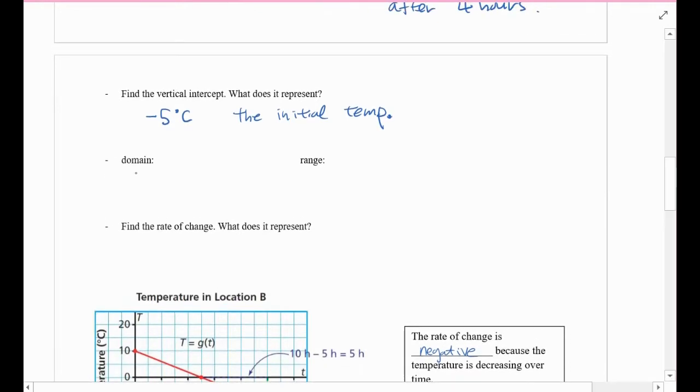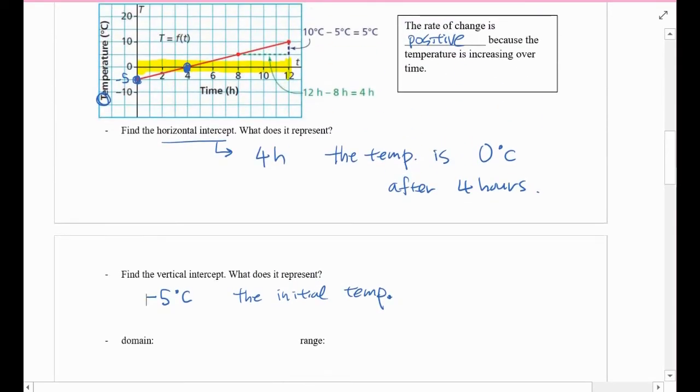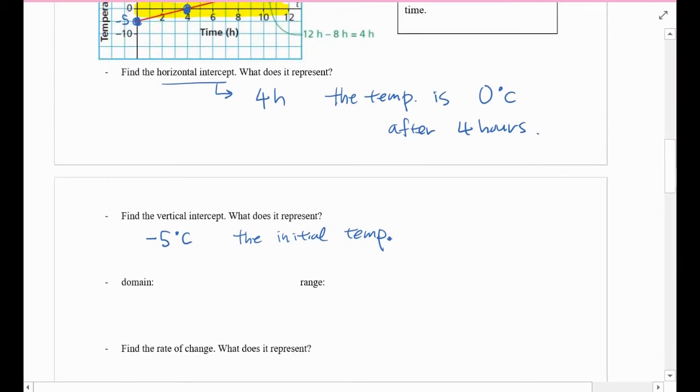And domain and range. So let's look at this. Domain is the t values, small t. The minimum time is 0, and it ends at 12 hours. So the domain is {t | 0 ≤ t ≤ 12}.